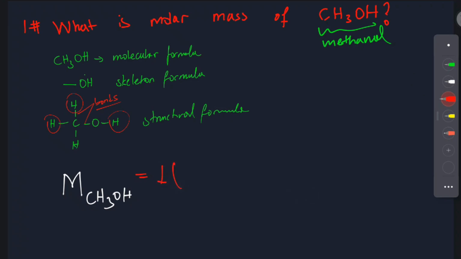We have one carbon. We need to know the molar mass of carbon. We have 3 hydrogen, which come from CH3. We have 1 oxygen, and we have 1 more hydrogen. To make it easier, we can sum up the hydrogens, and we can make it 4.